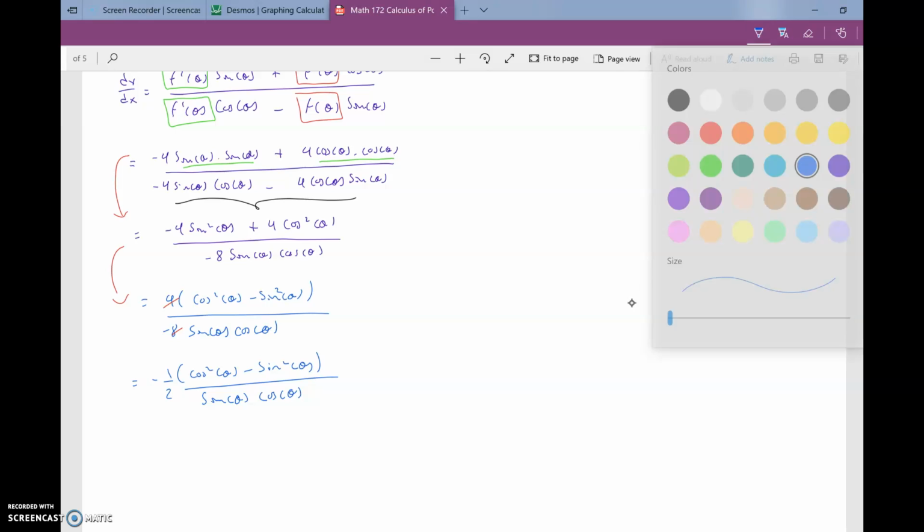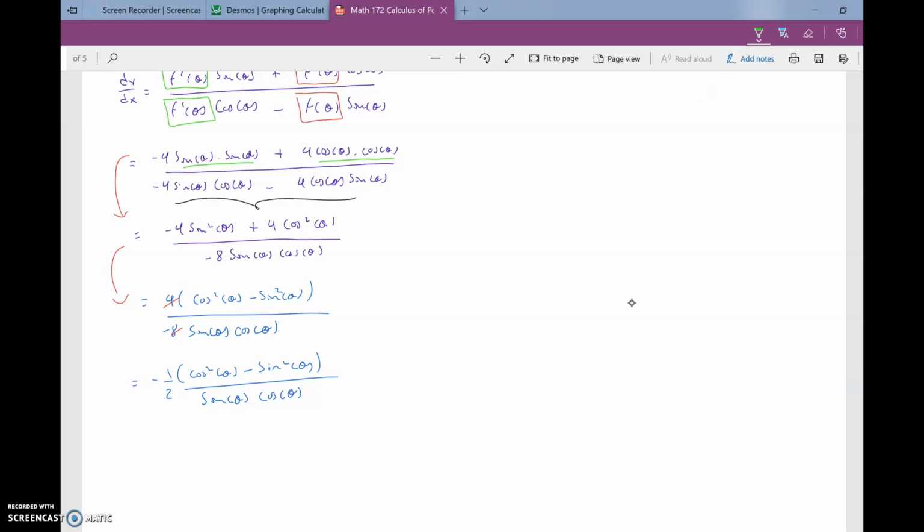Okay, and then we're going to be using the following identities. So cosine squared minus sine squared, you can express as a cosine of 2 theta.